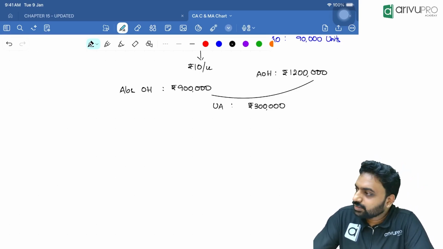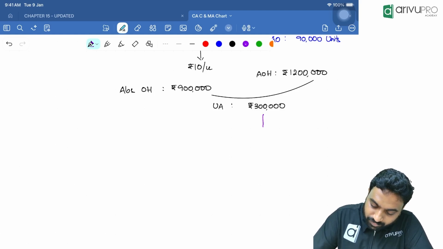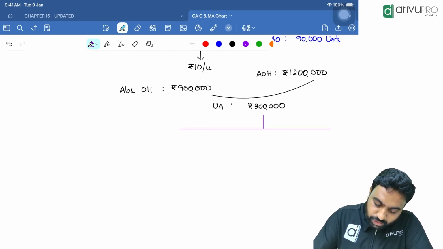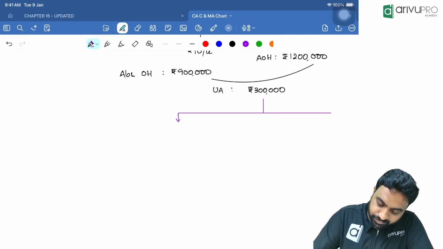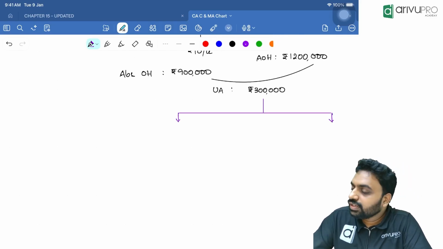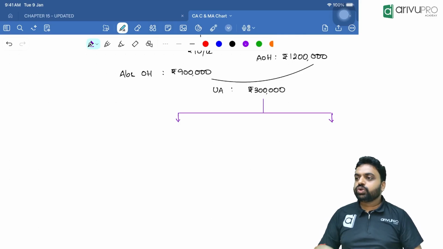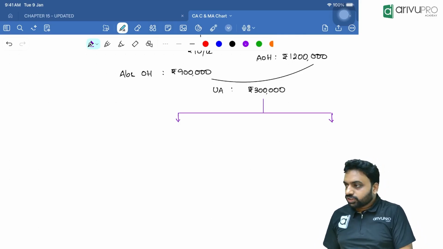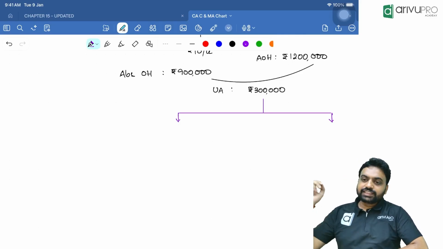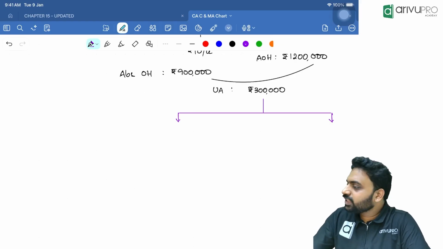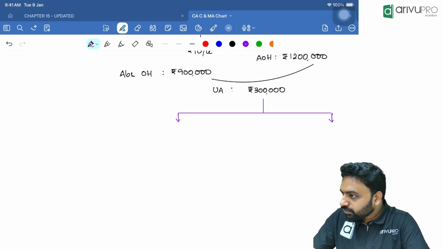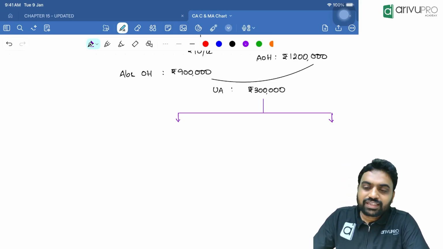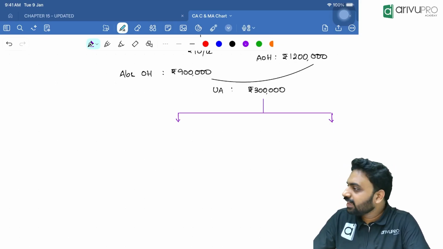Can I say this? Now, this 3 lakh, let me divide it into two portions. Let's say out of this, 40% is due to management's fault or defective planning, etc., whereas the remaining 60% is due to increase in the prices of material and labor.